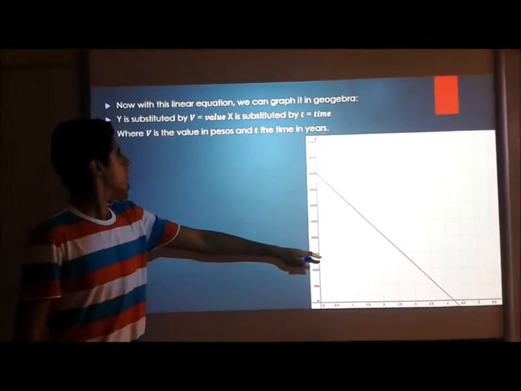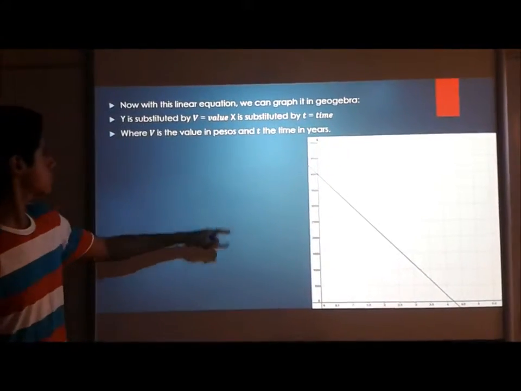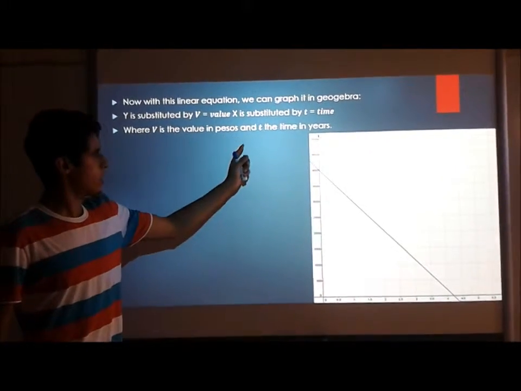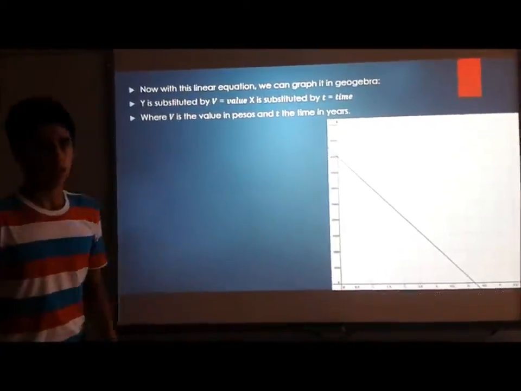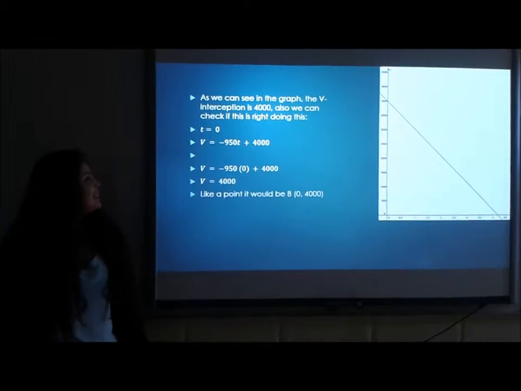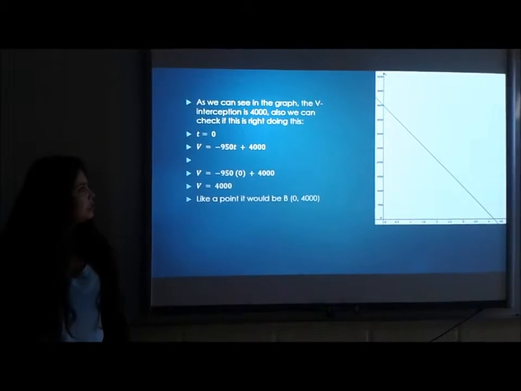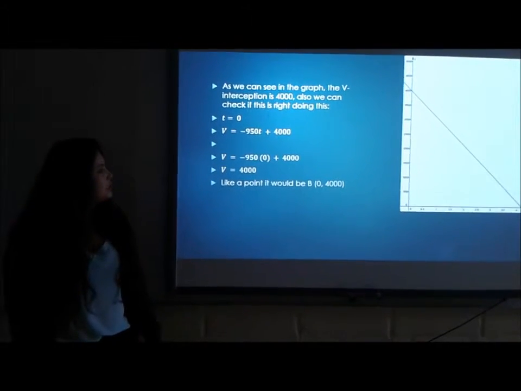Now this is the graph, and to do the graph we substitute b for the y, and t for the x. As we can see in the graph, the b-intercept is 4,000. Also, we can check if this is right by doing this.